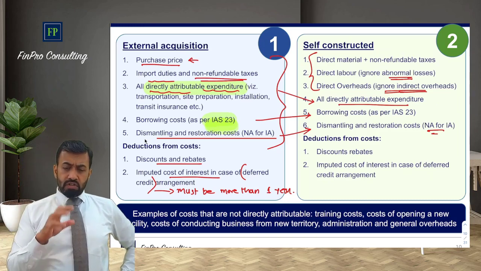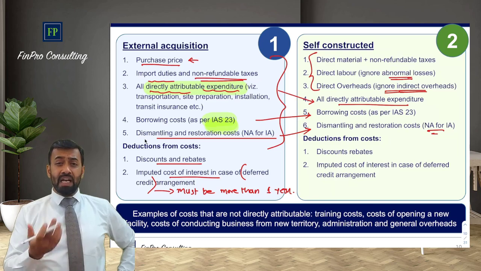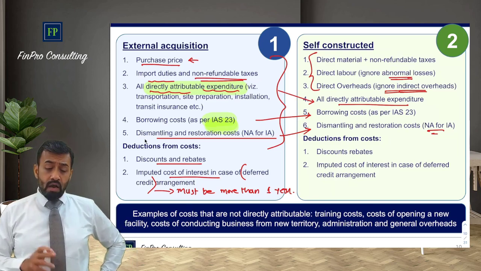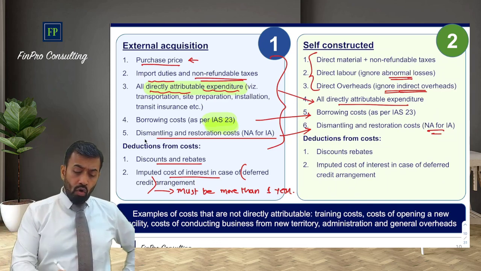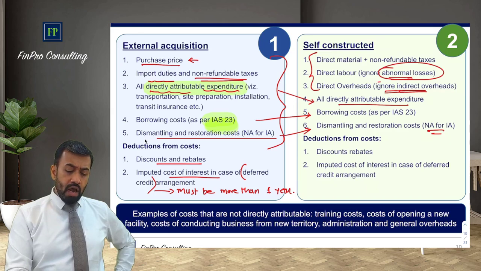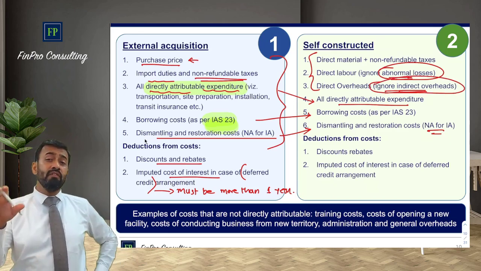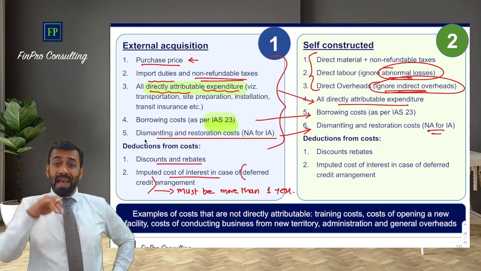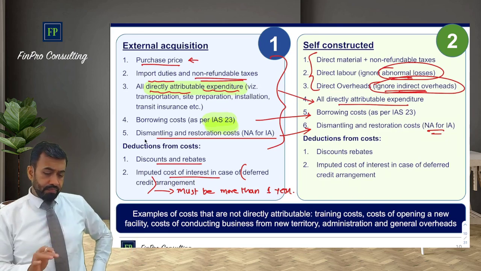So the only thing for a self-constructed asset you will have to remember: direct material, direct overheads, and direct labor. Exclude or ignore abnormal losses, which will be provided separately in the examination, and ignore indirect overheads, which will be given separately in the examination. So you have to categorically remember the exclusion of this.